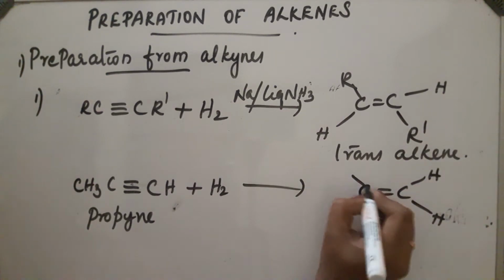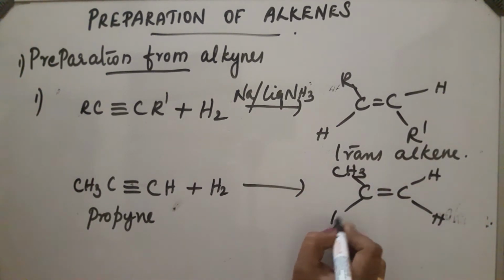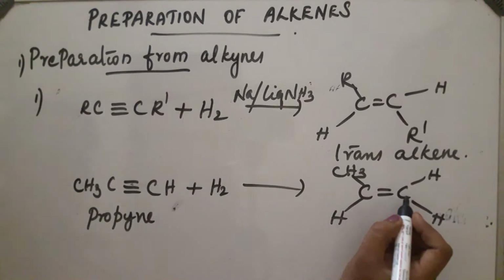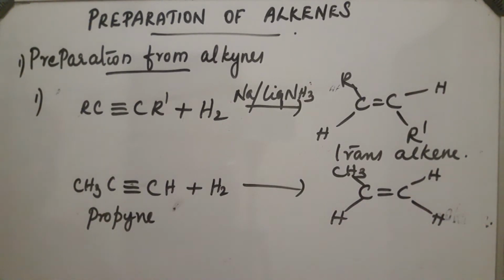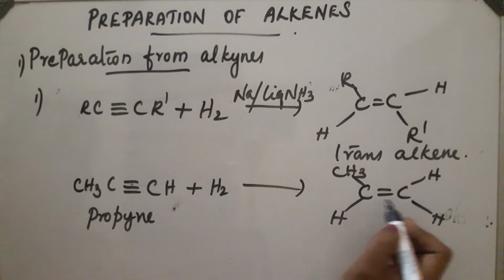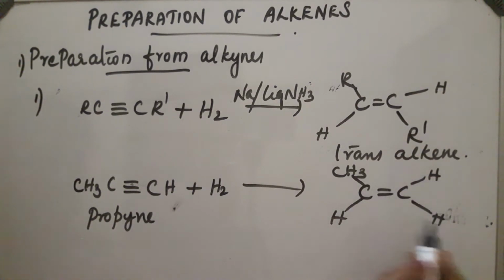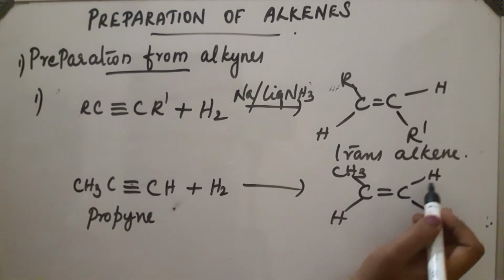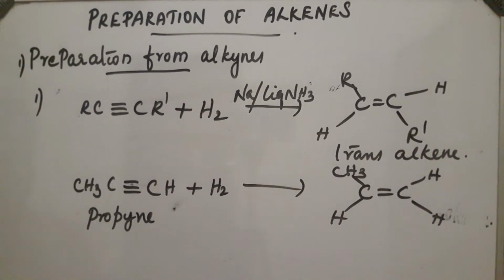In this case, no geometrical isomers are possible. Why? Because one important condition for geometrical isomers is that each of the two adjacent carbon atoms must contain two different substituents, but in this case one carbon contains the same substituent. So no geometrical isomers are possible in the case of propyne. This is the preparation from alkynes.